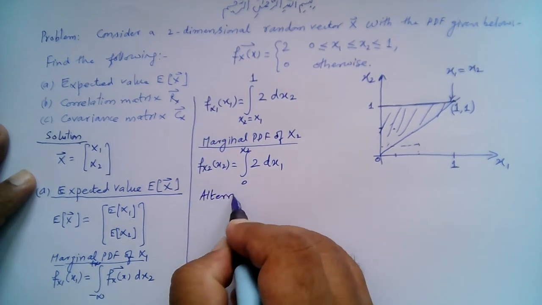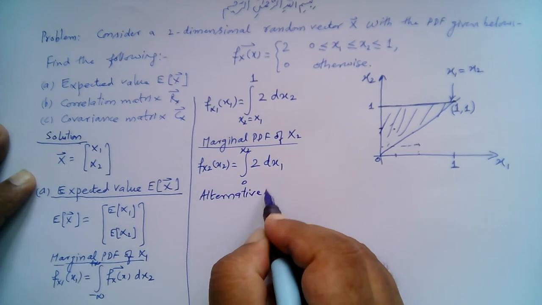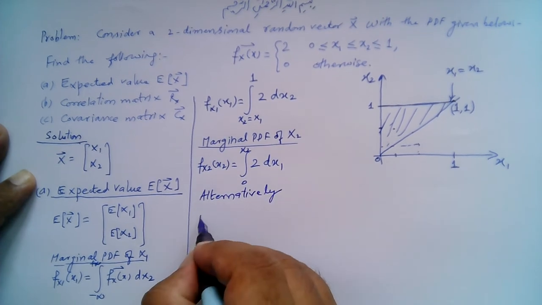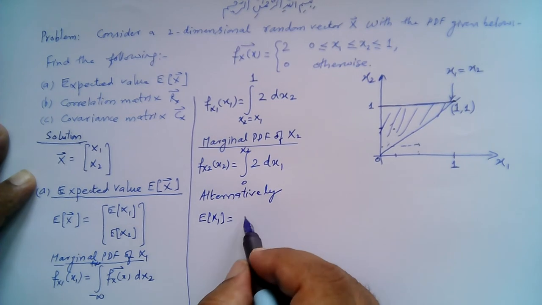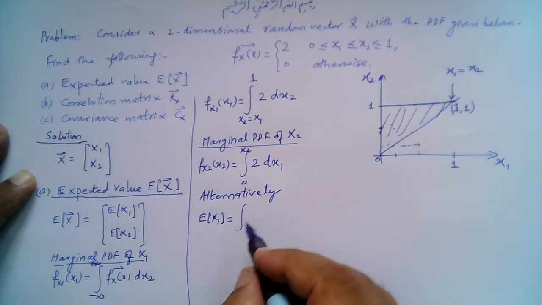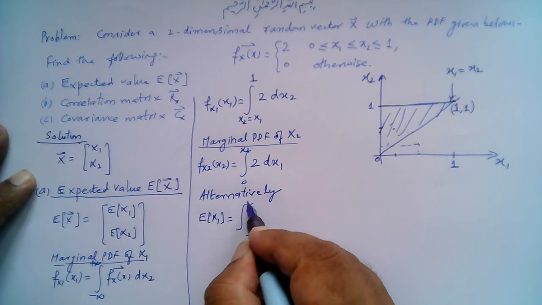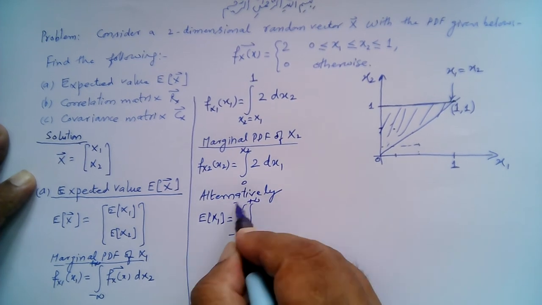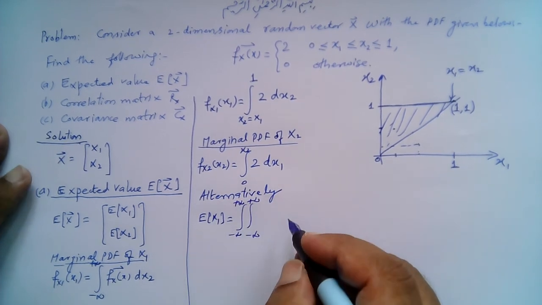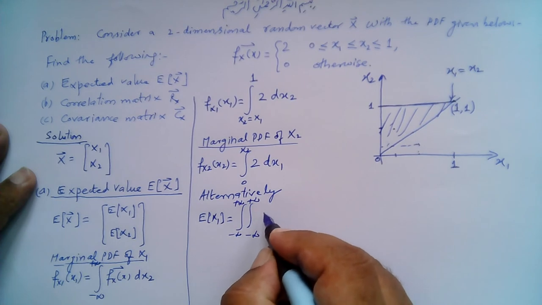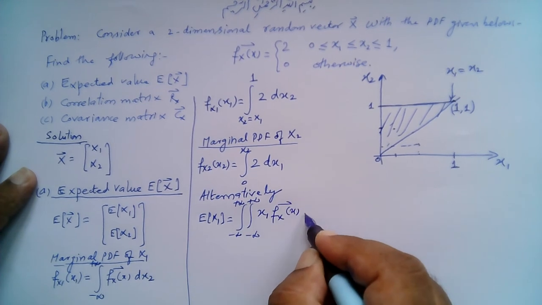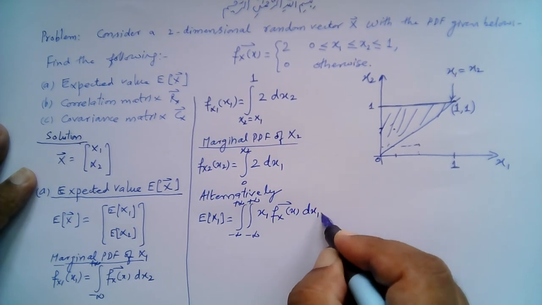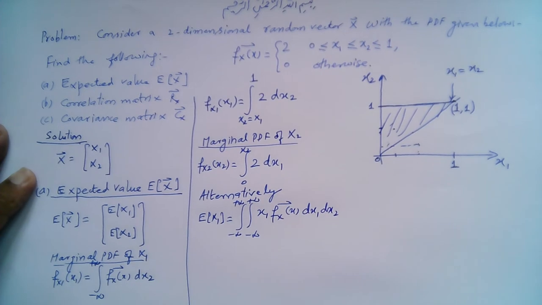Alternatively, the expected value of x1, for example, is given by this double integral, minus infinity to plus infinity, minus infinity to plus infinity here. So this will be x1 times f_x(x bar) dx1 dx2 here, right?